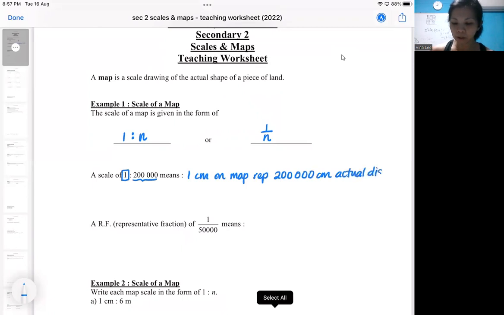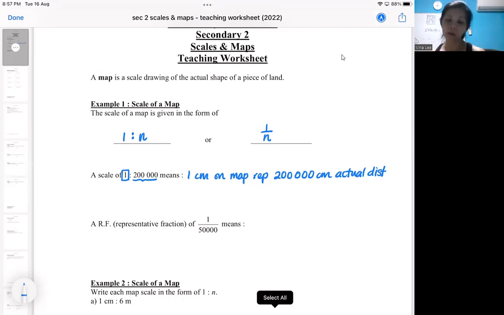It's kind of weird to refer to actual distance in centimeter, because centimeter is usually used for smaller units. For example, your pencil case is like 20 centimeter long. Usually for long distance, we use meter or kilometer.